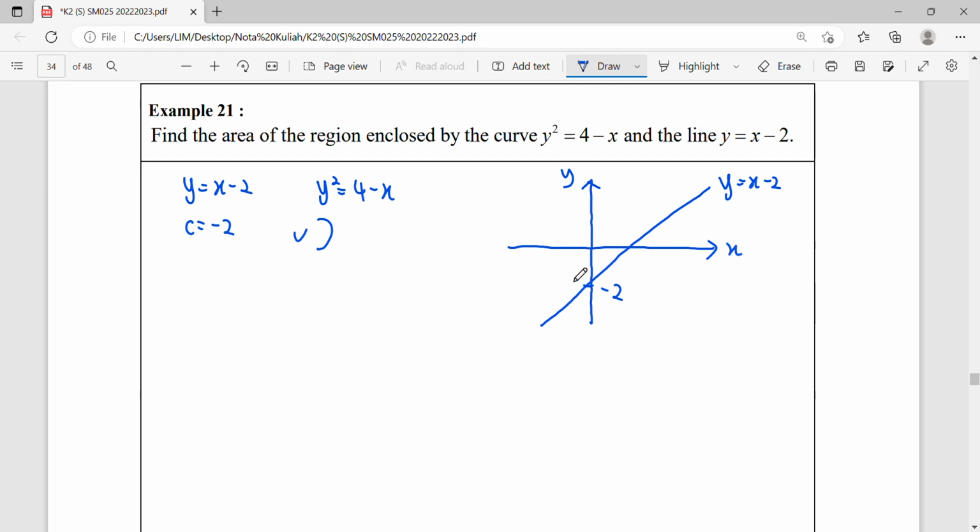Alright, so we're going to find out what your intersection at the y-axis is. Let x equals 0, y squared equals 4, so y will be equal to positive or negative square root of 4. So your intersection at the y-axis will be positive and negative 2. So negative 2 and positive 2.